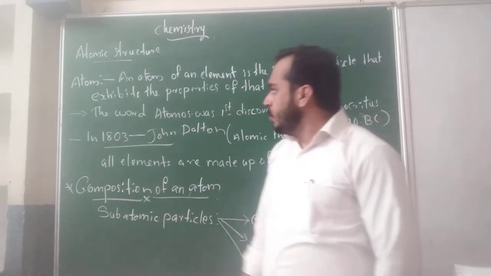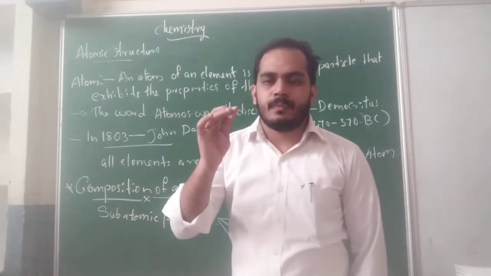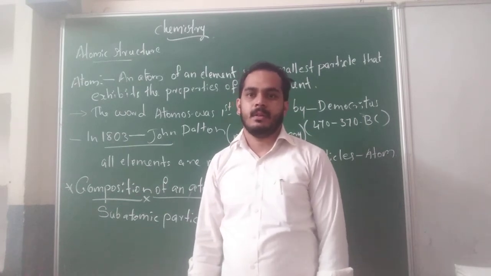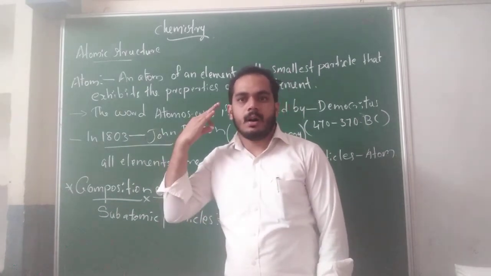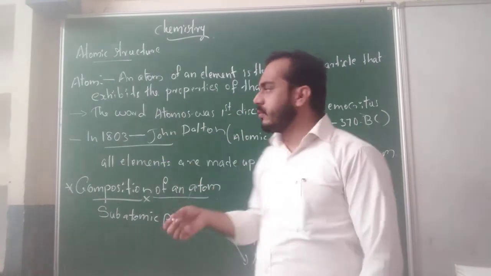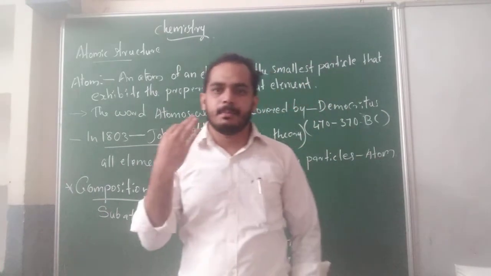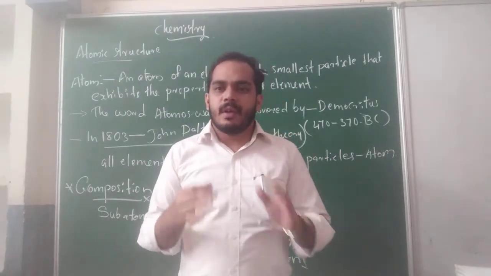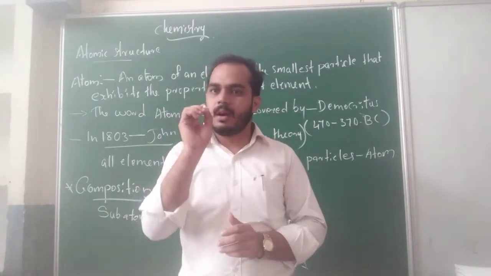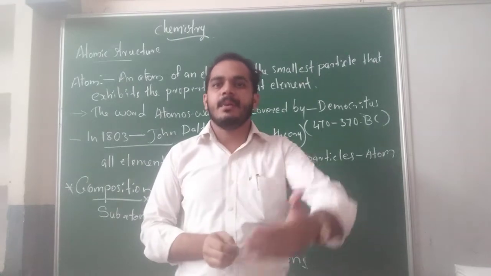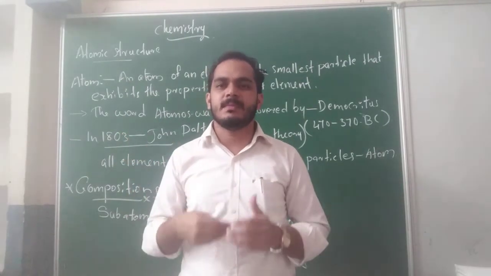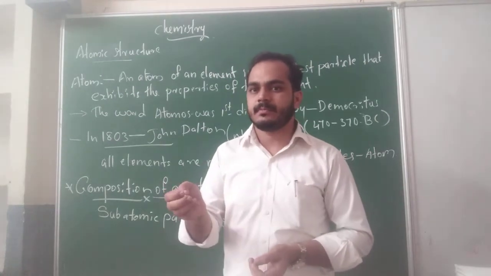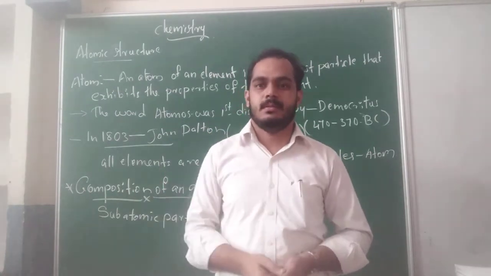Next, we want to know who discovered the atom. In ancient times, some scientists discovered the atom. First, they named it atomos. What is the meaning of atomos? Atomos means indivisible.